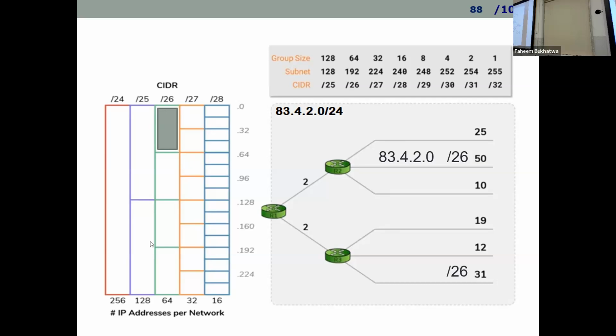Sometimes it looks good, but if the numbers are slashed wrong on the right, be careful. What's the broadcast for the first subnet?